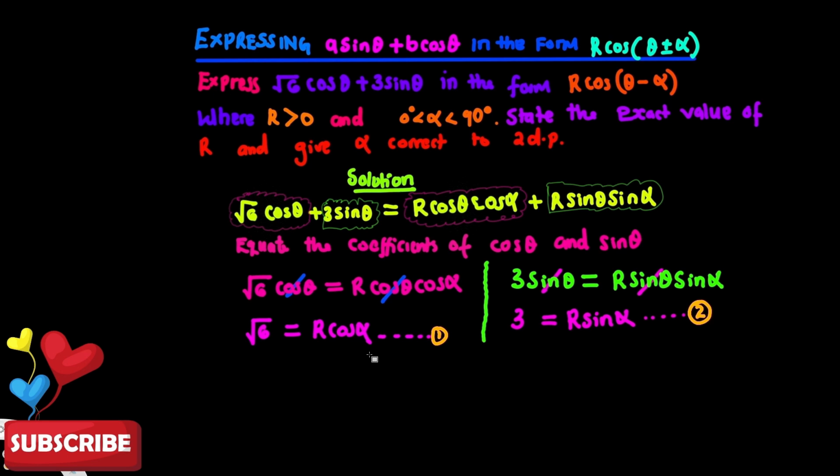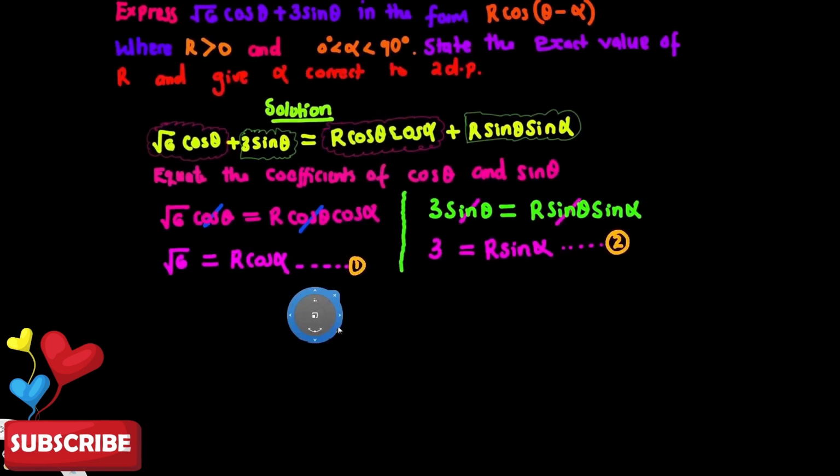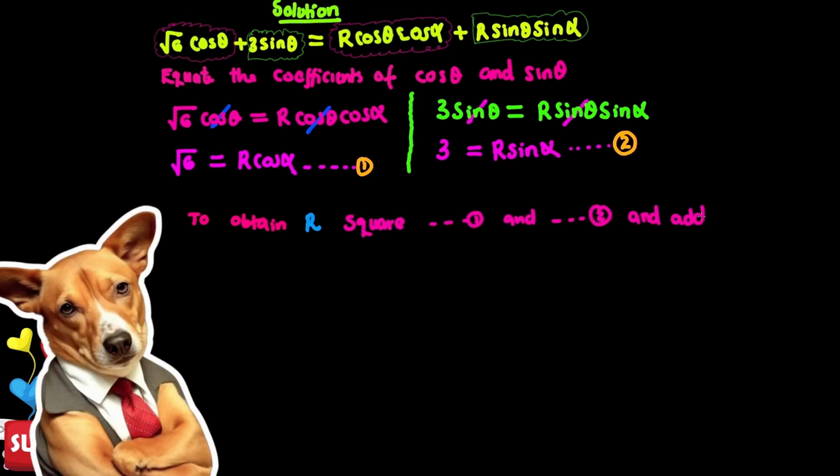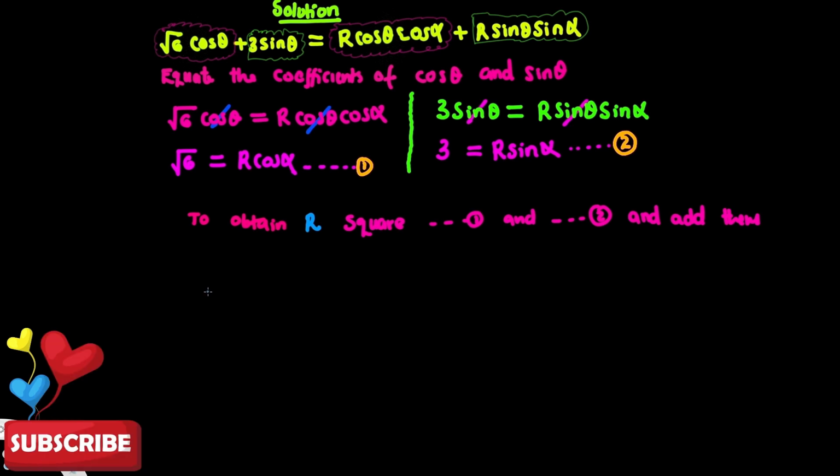Now the first thing to do, let us try to work out the value of r. To obtain r, we are going to square the two equations and then add them so that we can get rid of the trigonometric ratios. So if we square the first part, we are going to have what?